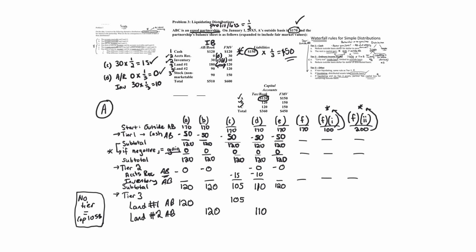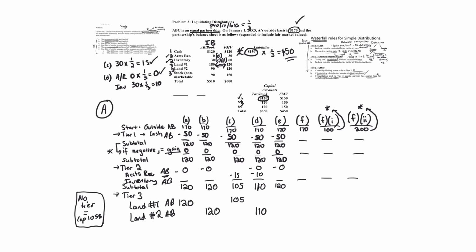But when you've got 1/2 of land 1 and 1/2 of land 2, which are two separate assets, and you have 120, the question is, how do we allocate that? Do we use relative fair market value? Do we use relative basis? So here's what we do. The first rule, and you're going to see it's the only rule we're going to apply here, is we look at if there's any property that has declined in value. And look at this.